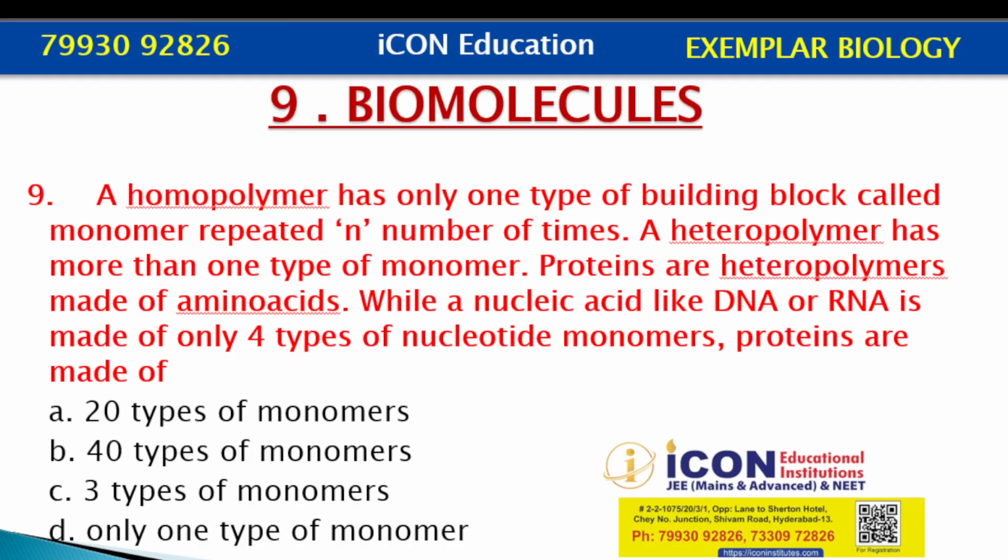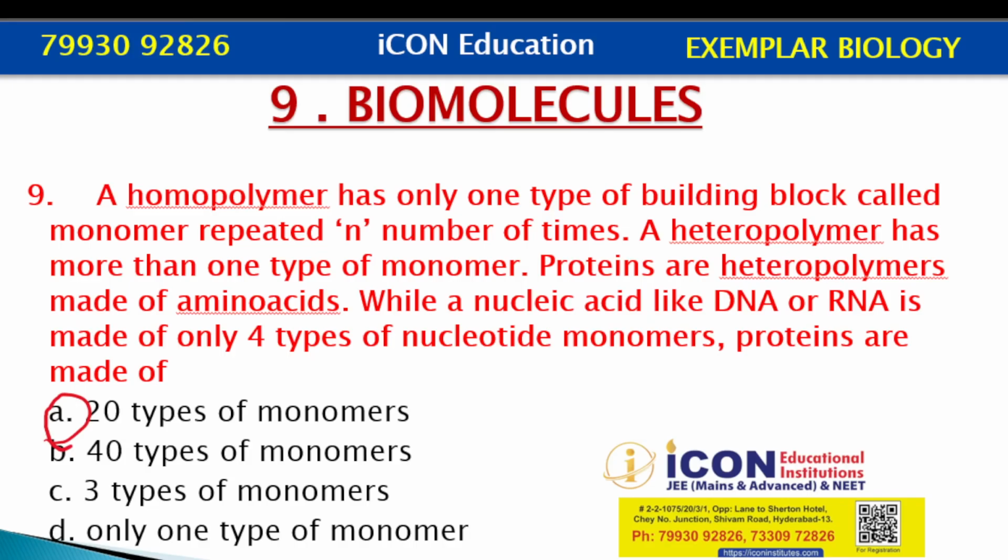Proteins are made of. We know that amino acids are the building blocks of protein. That is, proteins are made up of a monomer, that is amino acid, and 20 different types of amino acids make up the structure of protein. All are amino acids. That's why we call them monomers.